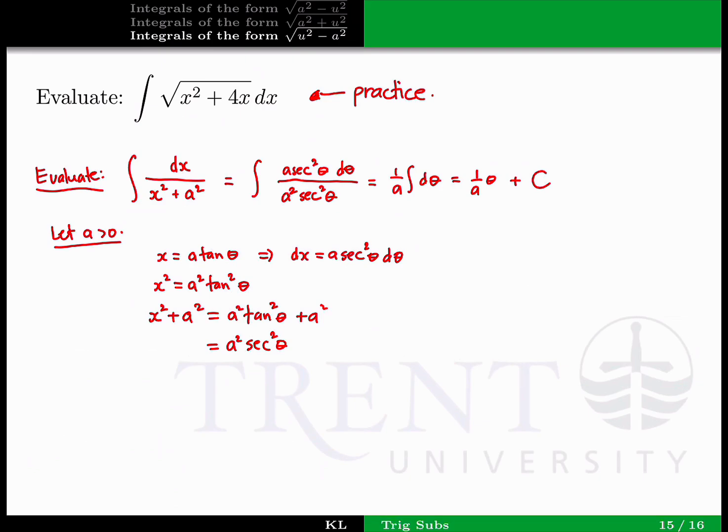But from this expression here, we will have tangent theta equals x over a, or theta equals arctan of x over a, which means the final answer here will be 1 over a arctan of x over a plus c.